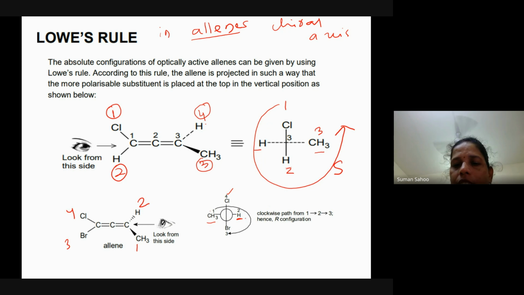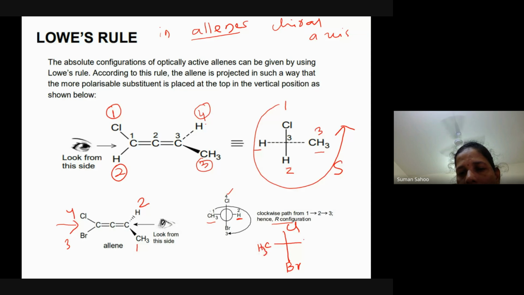So in this case, when we trace the path from 1 to 2 to 3, it gives you an R configuration. Suppose you look at it from the other side, that is going to give you the same configuration.